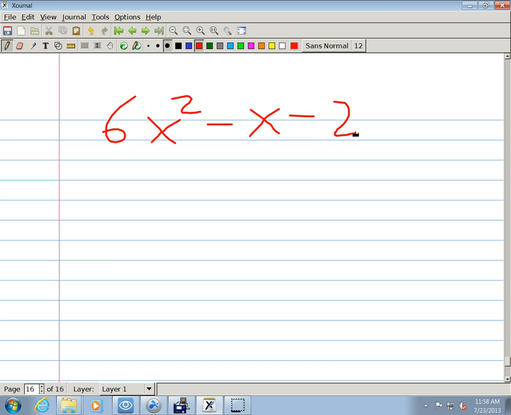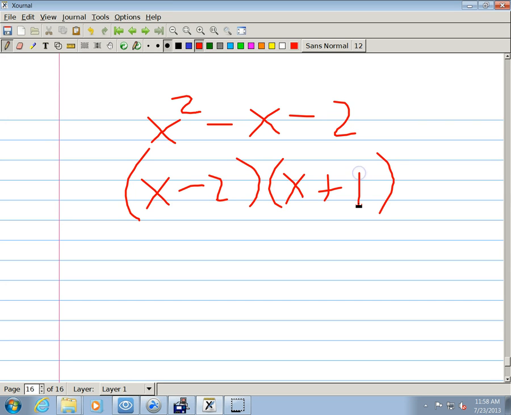Now, if there wasn't the 6 in front, you would ask yourself, what multiplies out to negative 2 and adds to negative 1? And what is it? Negative 2 and positive 1, right? Is negative 2 times 1 negative 2?